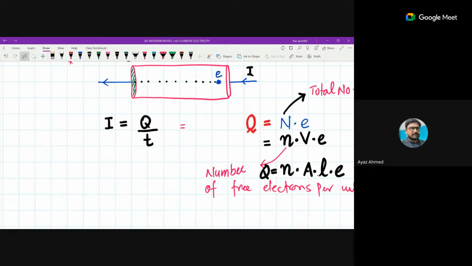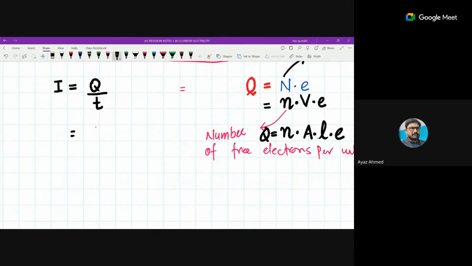In your exam, no need to write all this detail, just write this equation first, and then Q is equal to n e A L, divided by T. Because I told you how to calculate all that, n into e into V. If you write this step, no issue at all. That is not a big deal. Capital V divided by T.